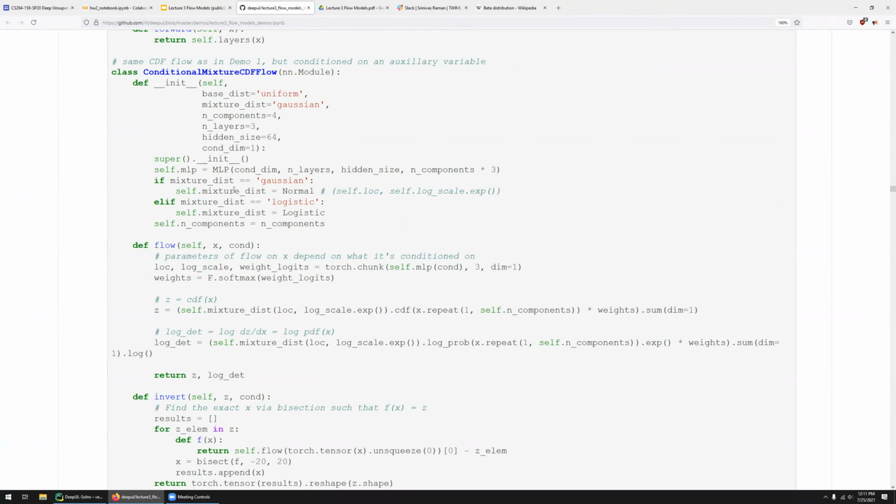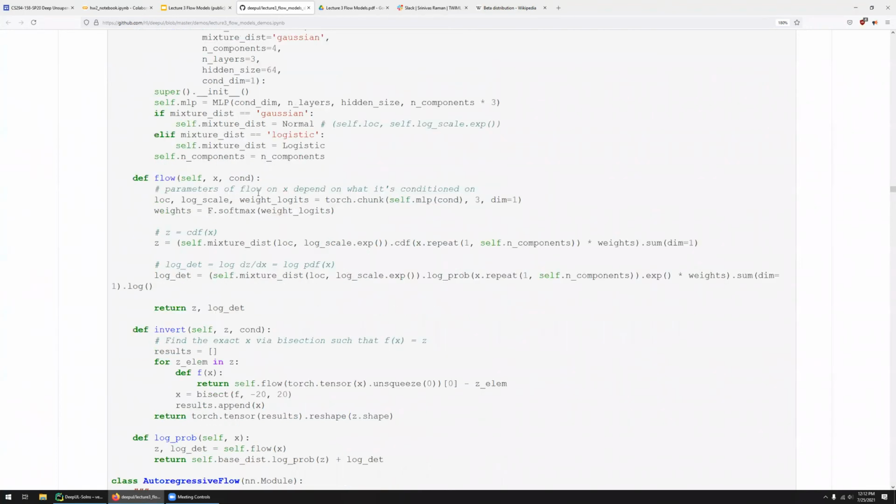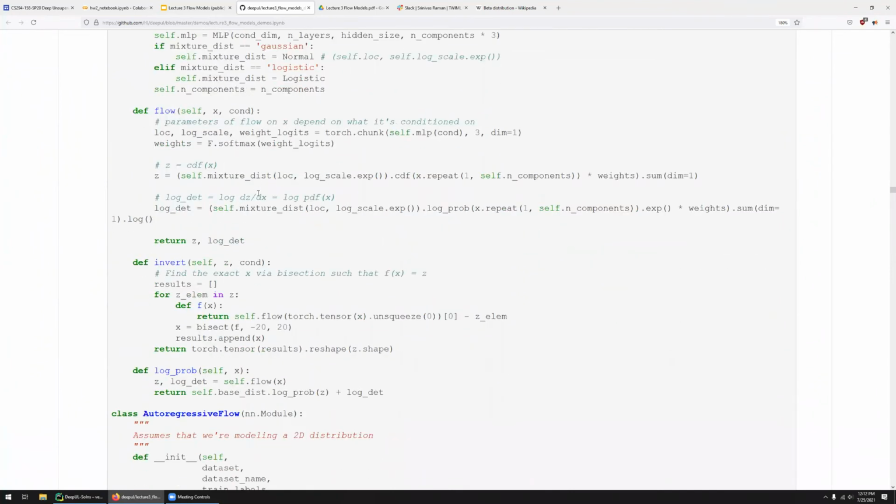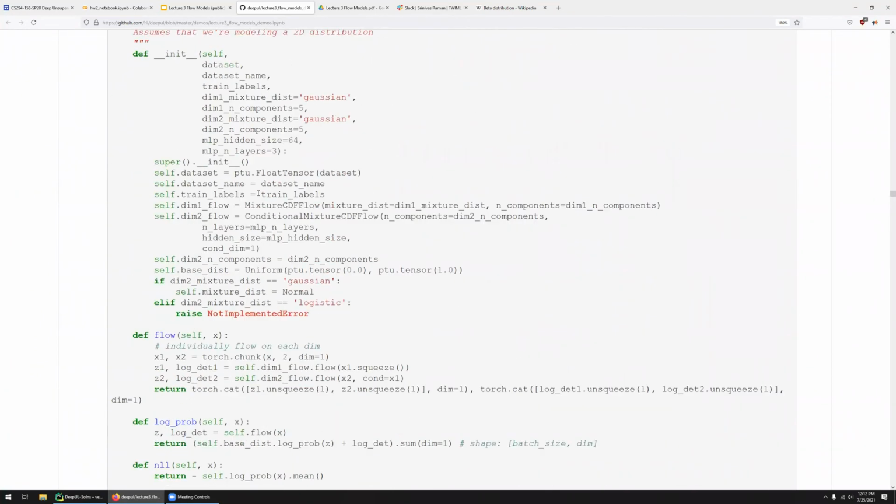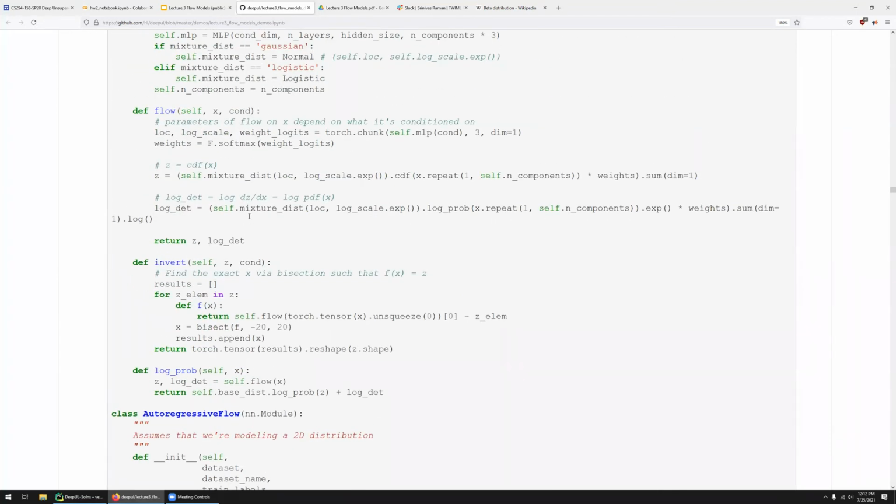But there seems to be one additional complexity, the conditionality. I don't see where it's added here. Maybe it's here, the autoregressive flow. Dim flow conditional equals, yeah, conditionality. And so the flow is conditioned.